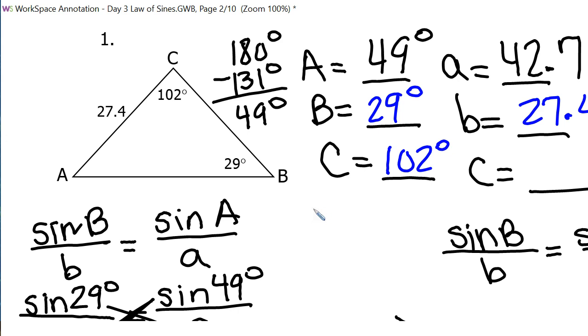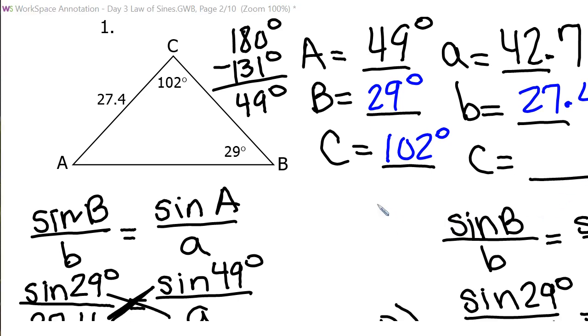Now, fill in what they gave us. So this would be sine, and what do I put for angle B? 29 degrees. And for side B, 27.4. Now for sine of C, that would be sine of what degree? 102 degrees. And we are solving for side C.